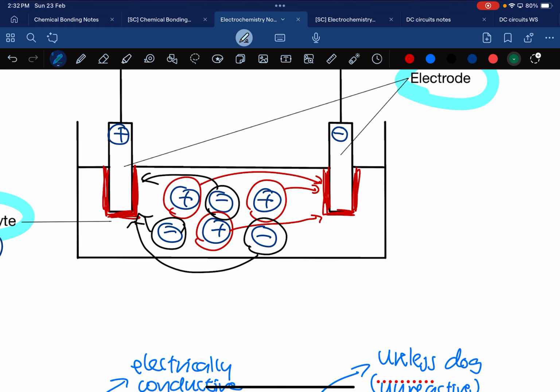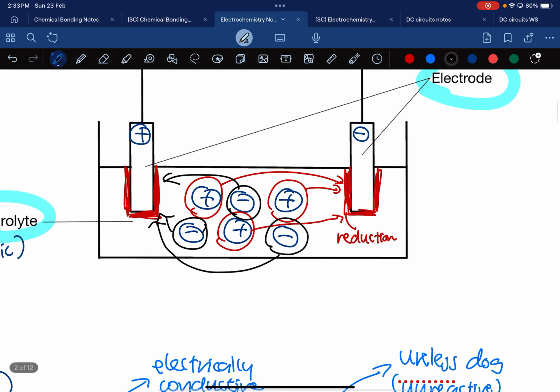So all of your positive ions are going to come here and undergo reduction, because as positives, you want to become more negative. The reverse is also true. All your anions will come here and get oxidized. If you are negative, you want to become positive. If you are positive, you want to become negative.